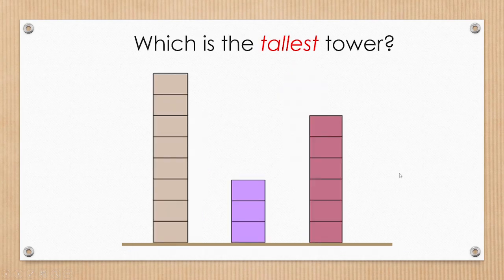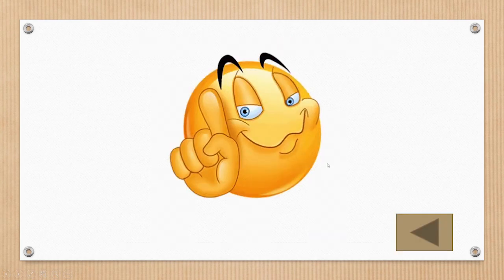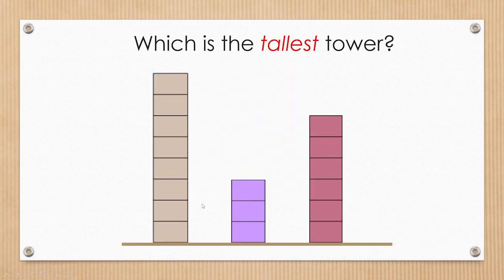Next question. Which is the tallest tower? Children, you have to help me out. Is it this one? Let's see. Oops. Sorry, children. Let's try again. Oh, I see. This is the tallest tower. Yes, now we got it right.